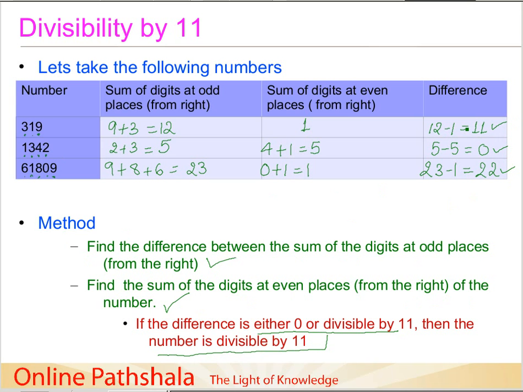So in this case, all three numbers, 319, 1342 and 61,809, are divisible by 11 because they satisfy our criteria of the difference being either divisible by 11 or 0.